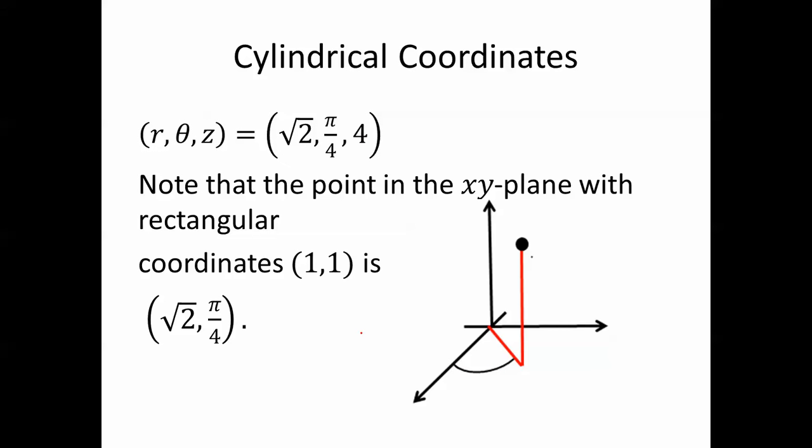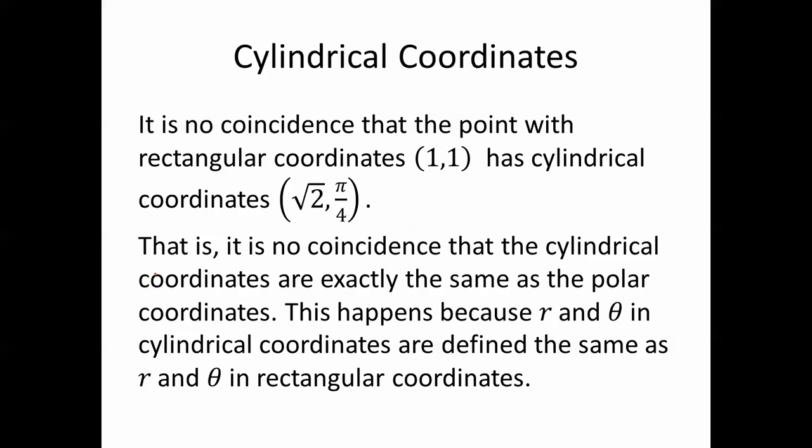Okay, note that the point in the xy plane with rectangular coordinates 1, 1 is root 2, pi over 4. So notice the cylindrical coordinates are exactly the same as the polar coordinates. It's no coincidence that the point with rectangular coordinates 1, 1 has polar coordinates root 2, pi over 4, whereas the point with rectangular coordinates 1, 1, 4 has cylindrical coordinates root 2, pi over 4, 4.